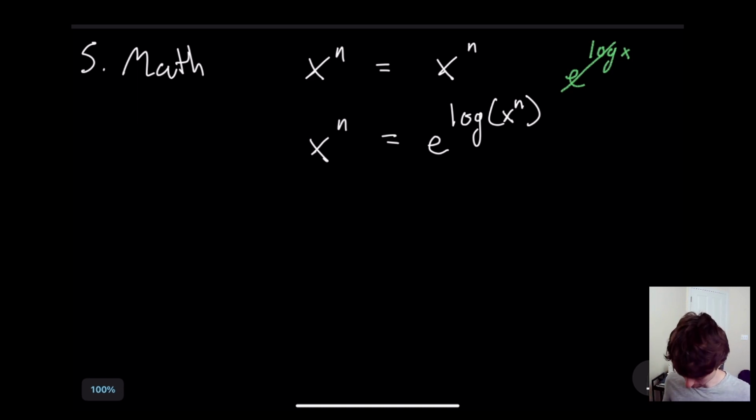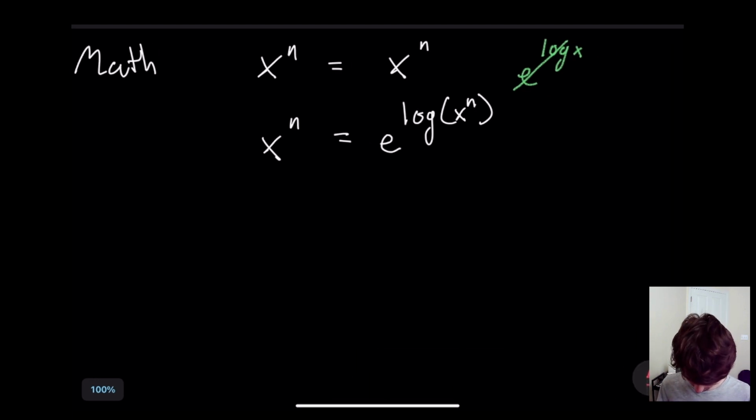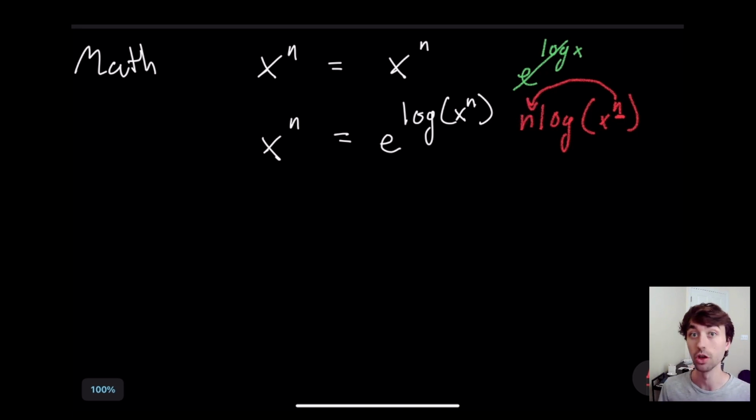Now there's another property of logs that we need to use. For the log of something raised to a power, we can take the power, in this case the n, and bring that out front, and those are equivalent.